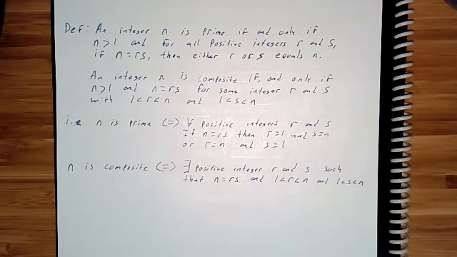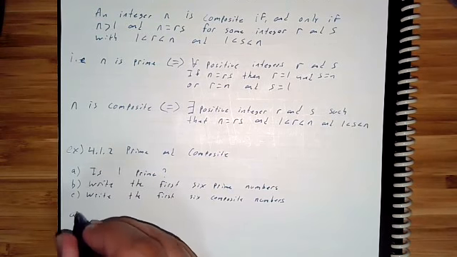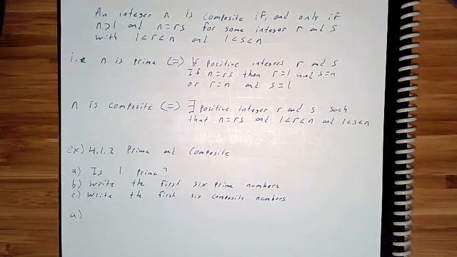Okay, so let's do an example. Let me pick one. 4.1.2, prime and composite. Is 1 prime? Well, look at the definition.